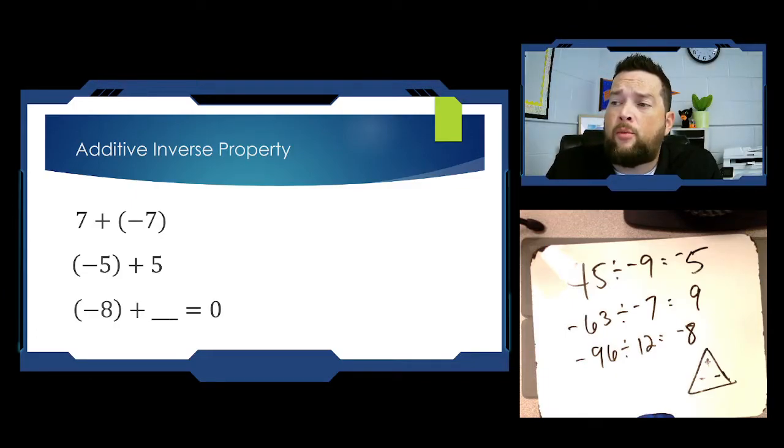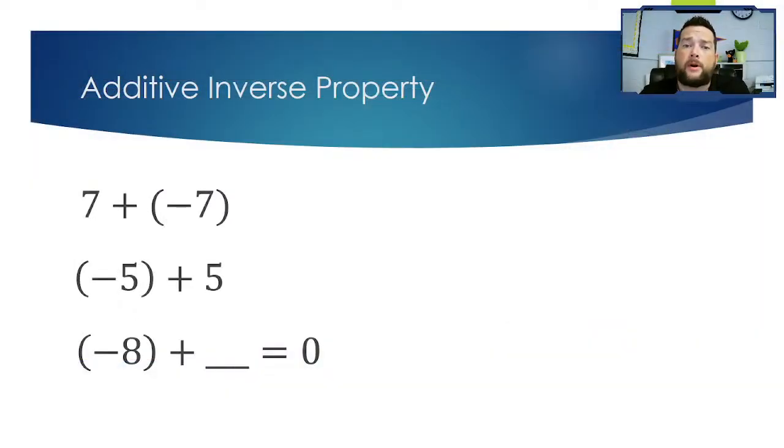So the properties that we're about to talk about, first of all, what is a property? Property just means a rule. So a math property is a math rule or a math law.